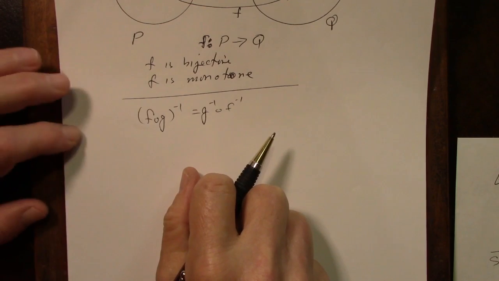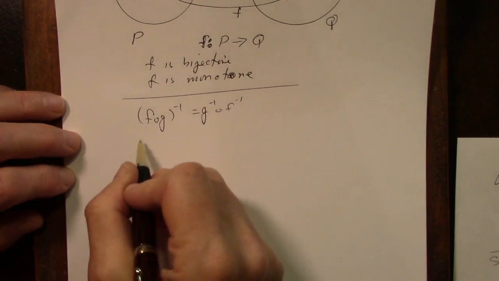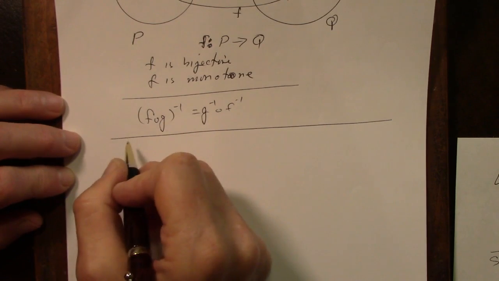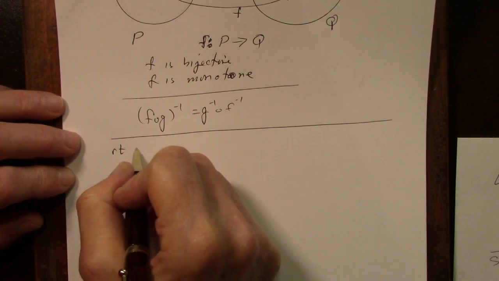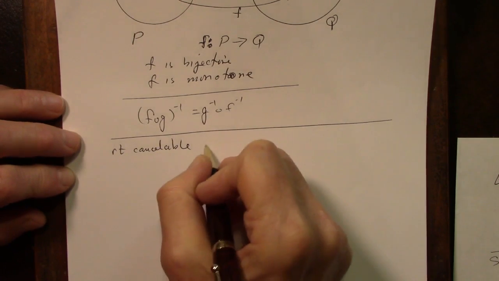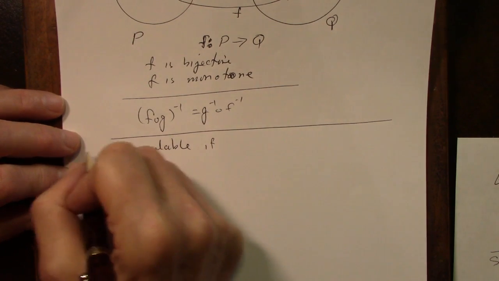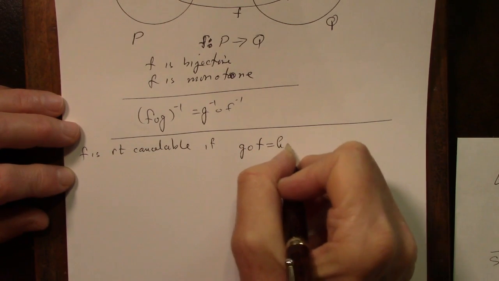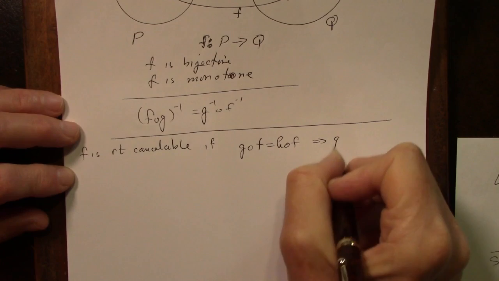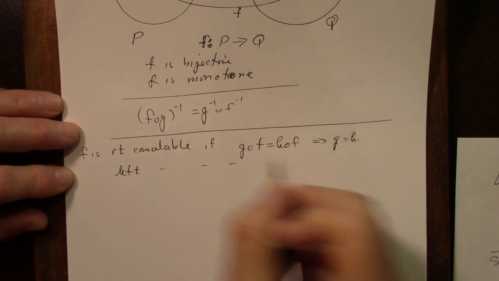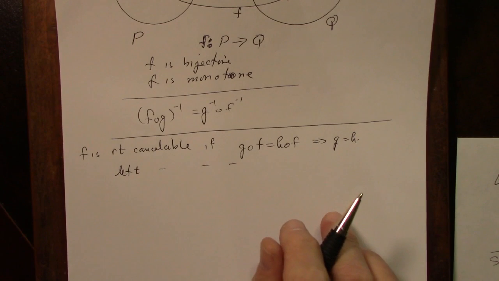And all that stuff is pretty routine. I mentioned already what right cancelable means. So that's F is right cancelable if G circle F equals H circle F implies G equals H. And left cancelable will be very similar. I don't need to write that out.